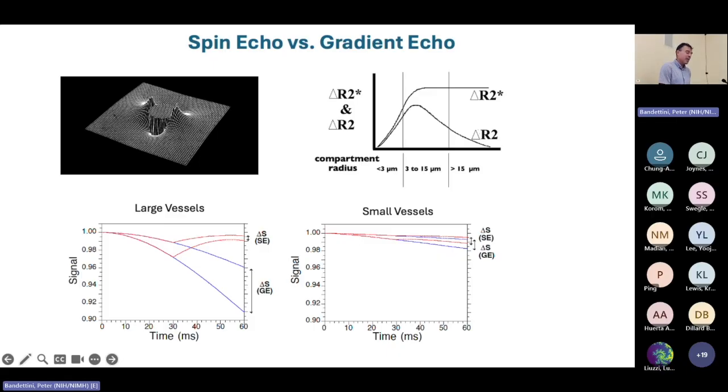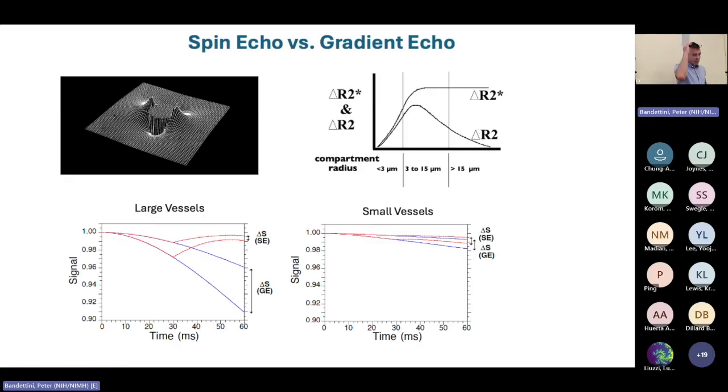Okay, and so this is a classic diagram up above. This is basically an image just to help illustrate the point of magnetic field distortions. It's a classic diagram that has been around for 40 years or so, showing the sensitivity of gradient echo versus spin echo, which is R2 star versus R2, to different perturber compartment size, like either red blood cells all the way up to big vessels.